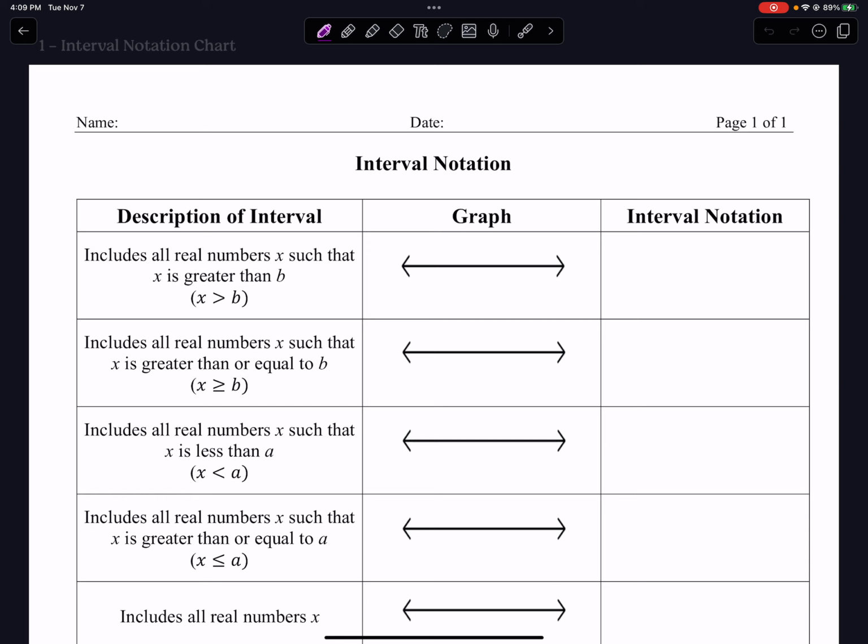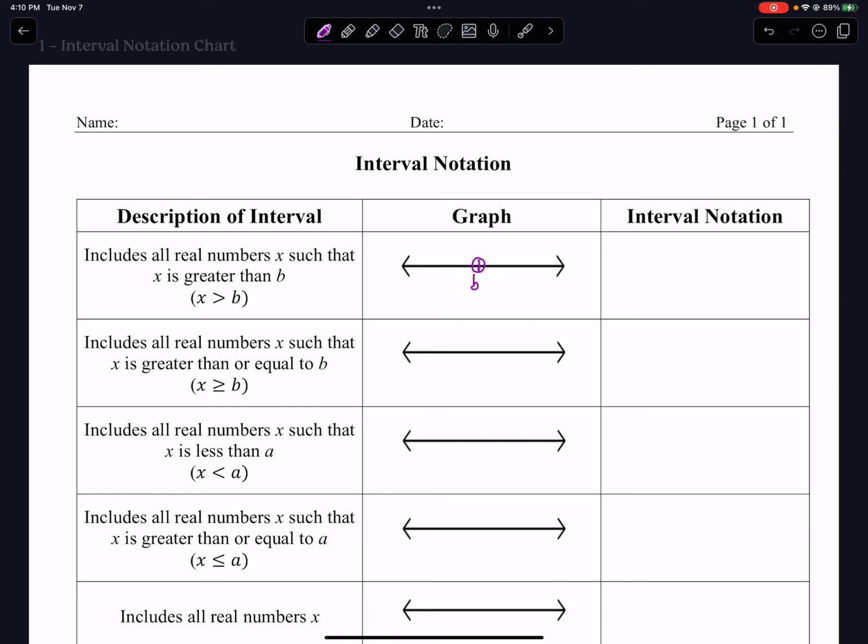So we're going to talk about that because we're going to use this skill in the next topic in our next class, or maybe in 2 classes, but this is a skill that we need. So if you want to describe all the real numbers x such that x is greater than b, this is very abstract here, but if you're saying all values bigger than some value b, we can look at a graph by putting b on our number line, and we want to say all values greater than it.